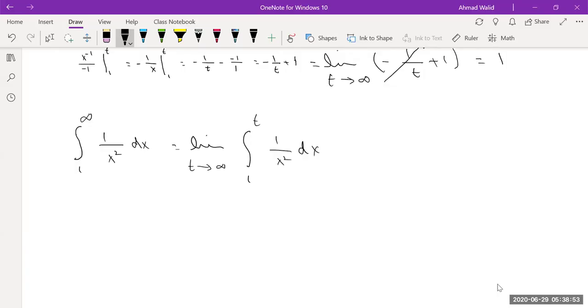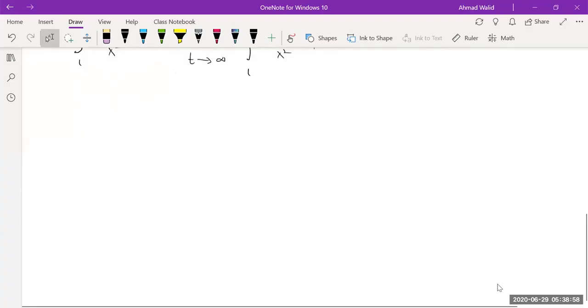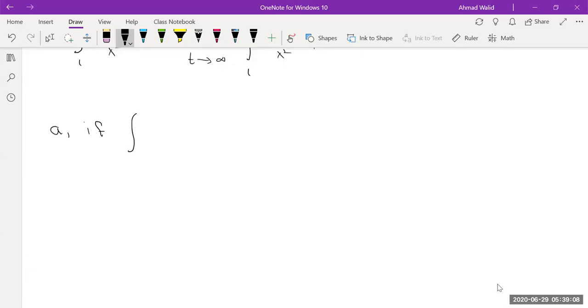Now, I'll give you some notes here, 2 easy notes. Type 1 has 3 cases. A, if you have an integral from a to infinity of f of x dx, you can rewrite this as a limit of the integral from a to t, but your t should be approaching where?